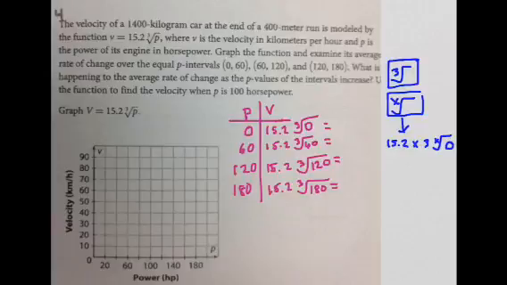When you input the numbers into your calculator, some calculators have the key, and so all you would have to do is 15.2 times that key, and then the number, like the 0, the 60, the 120, the 180. If your calculator doesn't have that key, then it probably has the key right below it. Like the ones we have in class have this key.